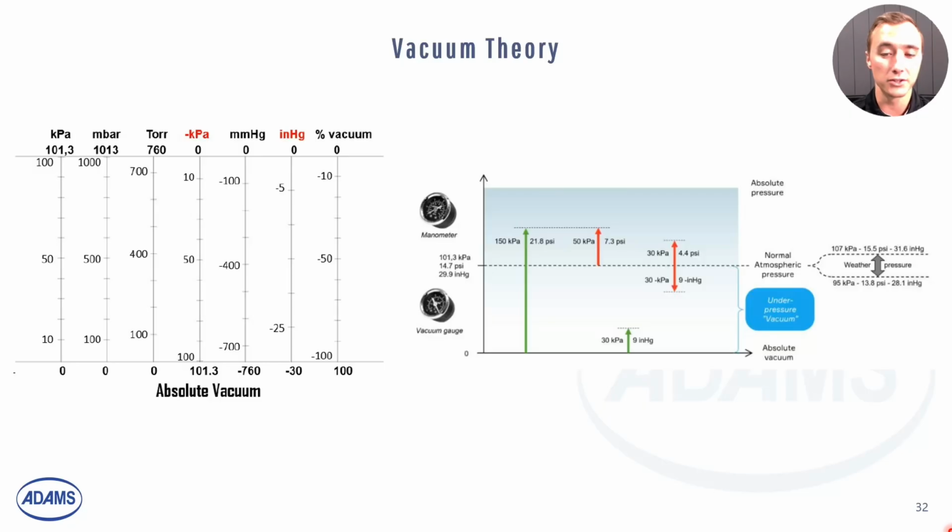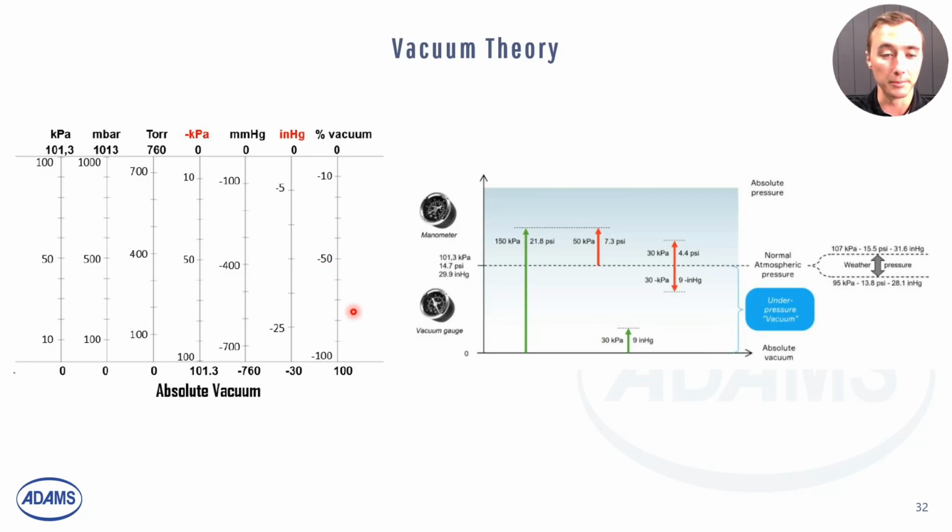So this is just reiterating those theories more with different units to kind of visualize what's going on. On the right here, this dotted line is atmospheric pressure, and from there down to zero, absolute vacuum, is kind of the range in which we're working in a vacuum application. On the left here, you see common units to depict vacuum.